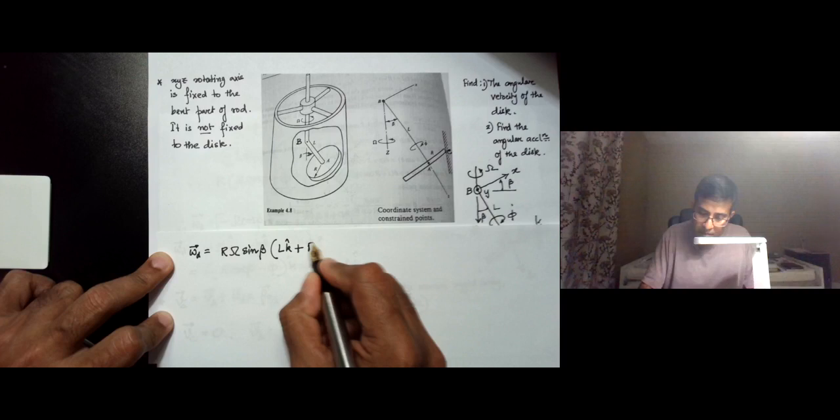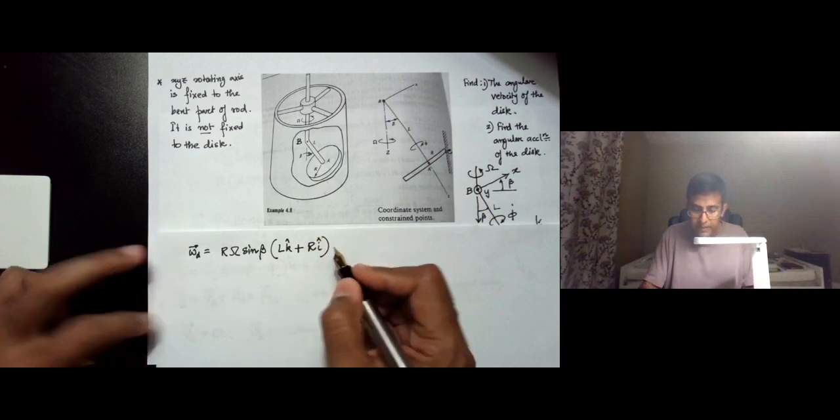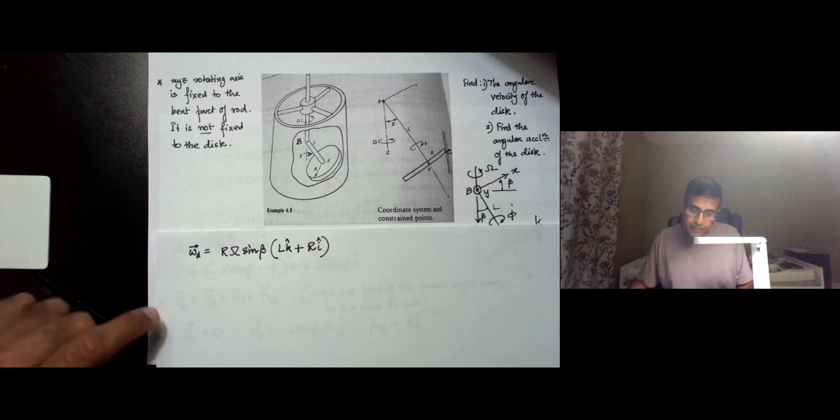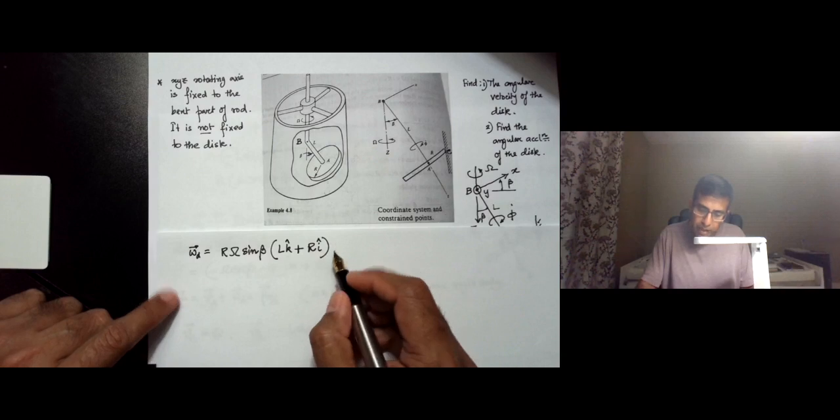So that's the angular velocity of the disc, and so this angular velocity is of interest in the observations that we are going to make.